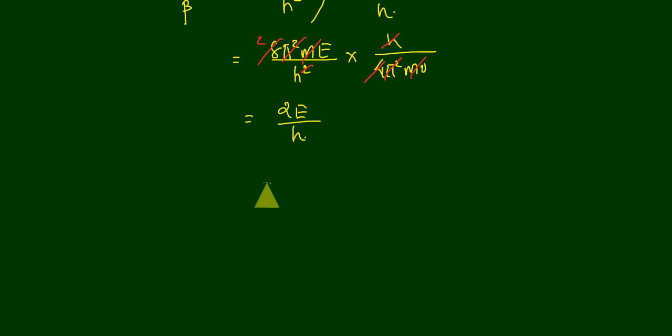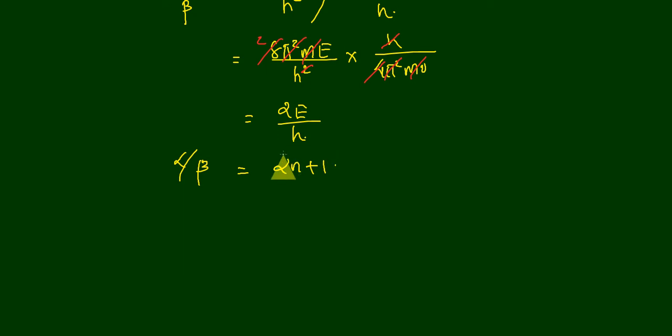We already know that alpha by beta is equal to 2n plus 1. Okay, you can refer to our previous lecture. There we showed that alpha by beta is equal to 2n plus 1.